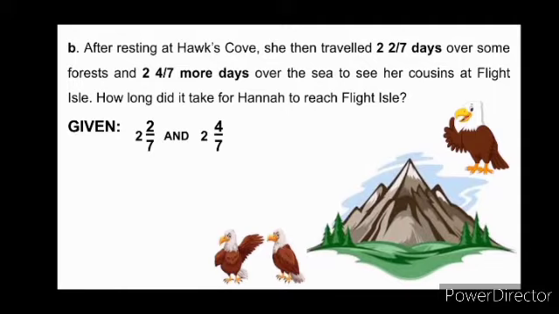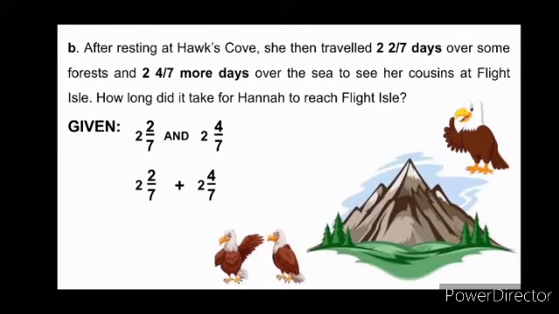Since we're going to add the two mixed numbers, we have a step to take. To add mixed numbers with the same denominators, just like what we did on the first one, we are just gonna first add the whole number.